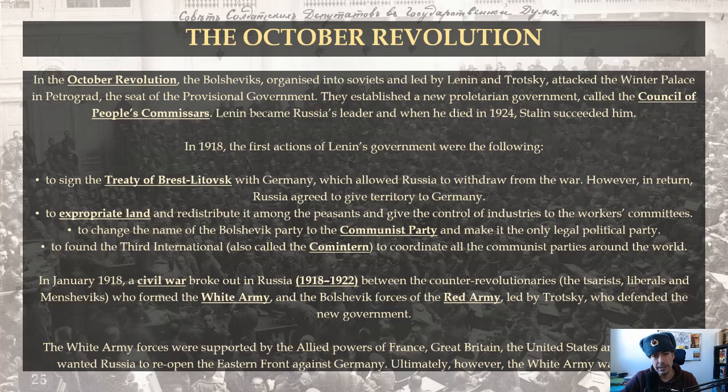And eventually the Red Army won, despite the support that the White Army had from all the main powers of the world: the British, the French, the Americans, the Japanese. Many of them invaded Russia and supported these rebels, the White Army, but the Red Army was successful.